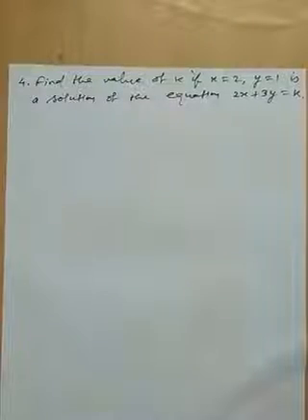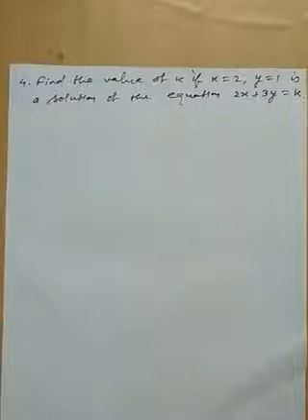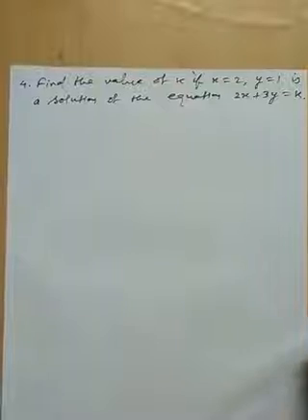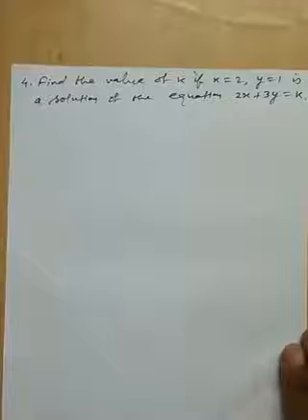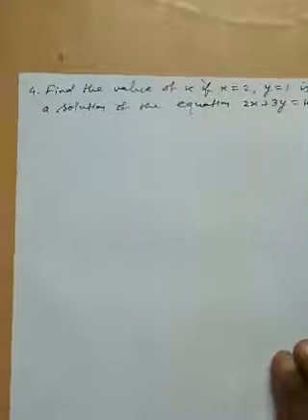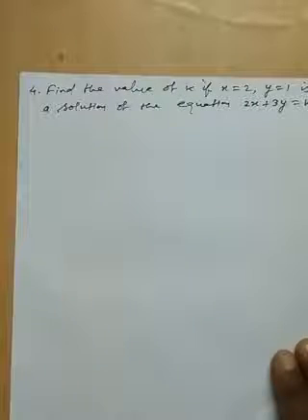Our next question, the last question of this exercise, is to find the value of k. Here k is a constant. Find the value of k if x equal to 2 and y equal to 1 is a solution of this equation.